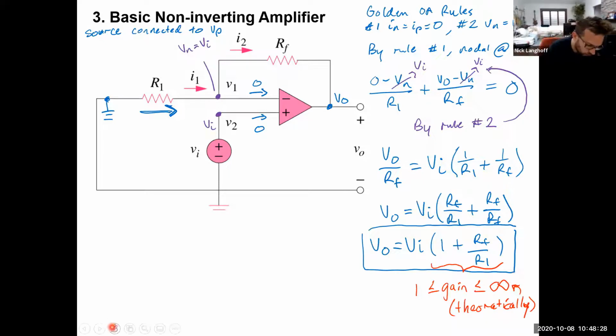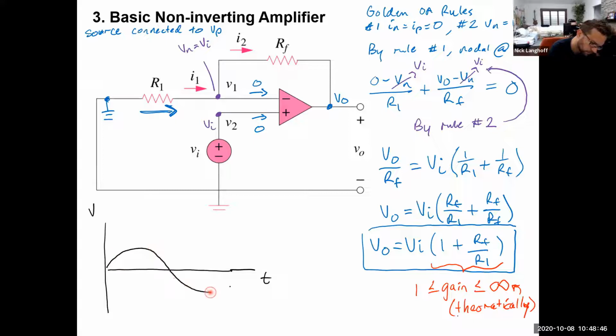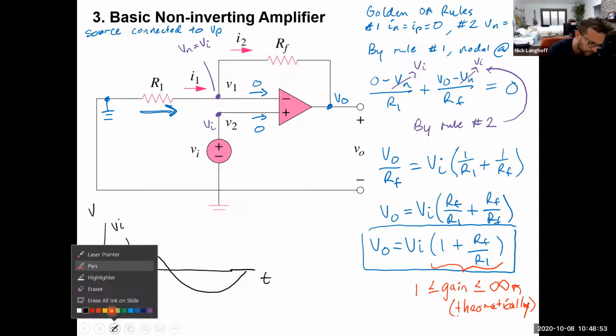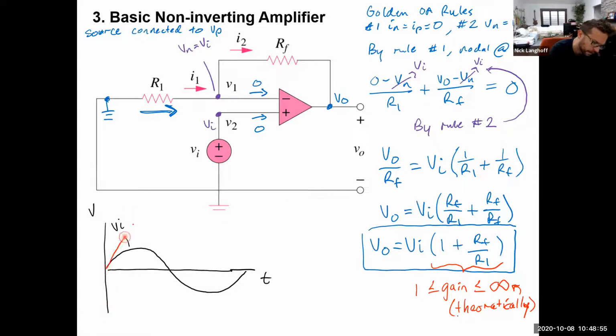If we were to draw what this looked like on here, if we were drawing a graph of V versus time, and we drew VI, and we could draw then in a gain of greater than 1, it looks something like this.